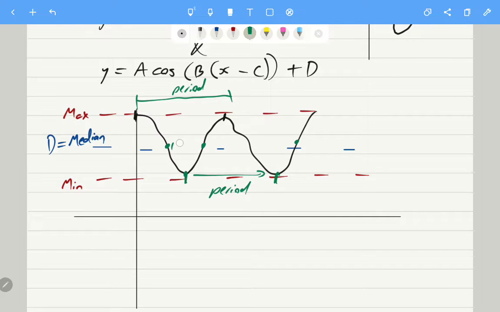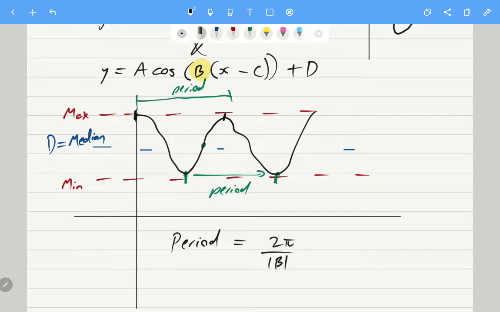And so you can see that this period idea is reflected in a lot of the different points that we can deal with. How do we work out the period? Well, the period's entirely controlled by this B value here. So the period is equal to 2 pi over the absolute value of B. Now, the reason we're talking about absolute value is that I don't want to worry about reflections and such, and I don't want to think of having a negative period.